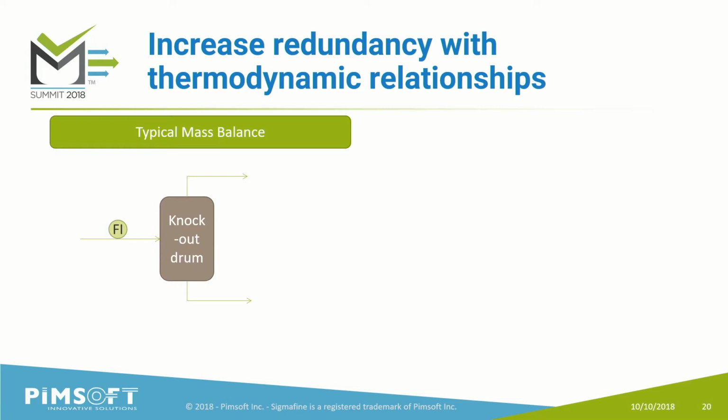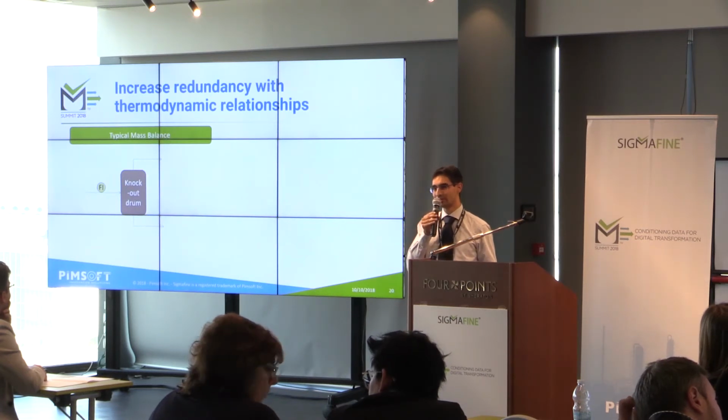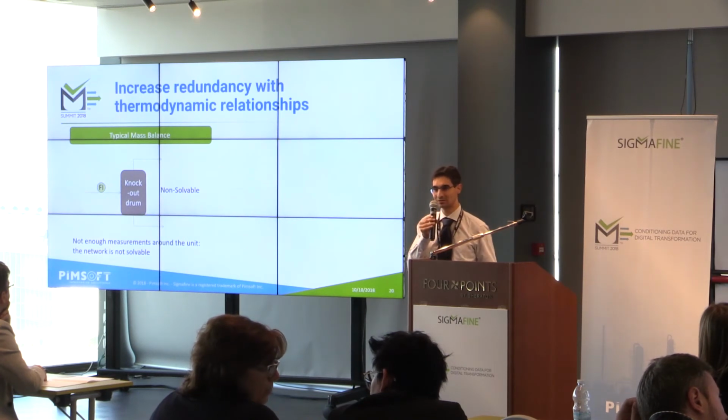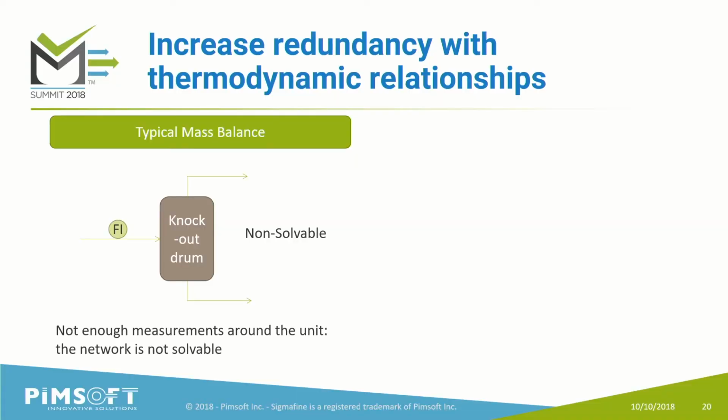And finally, another way to increase redundancy is to put in thermodynamic relationships. So here we are presenting, for example, a case of a knockout drum, a separator of the vapor and liquid phase, but in the process we only measure the inlet. So this is a non-solvable balance point. We have no redundancy of information, so Sigmafine would mark this as non-solvable.